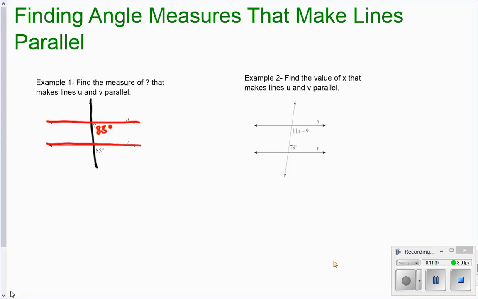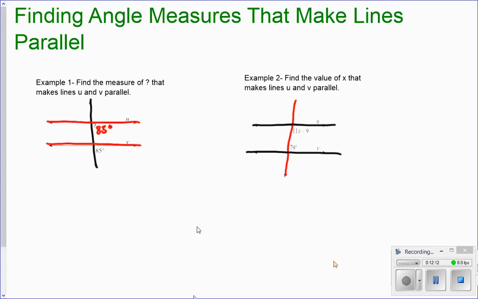Using that same idea for the second example, I'm noticing my transversal and my parallel lines, which again, they're not marked parallel, but we're going to hopefully prove that they are. So if they were parallel, I'm looking at the 79 degree angle and the 11x minus 9, and I'm seeing how they're related to the lines. I can see they're both on the inside or interior of those lines, and they're on the same side of the transversal.